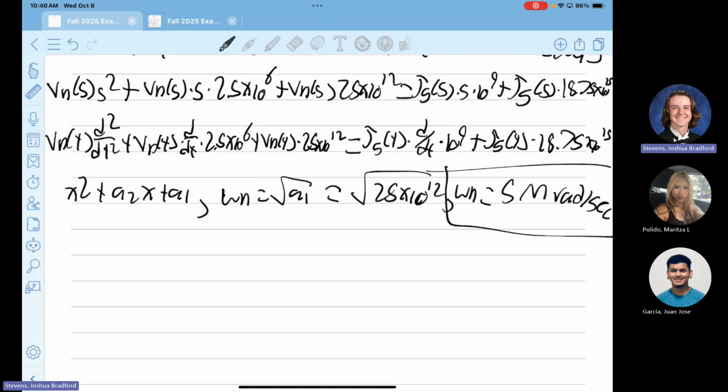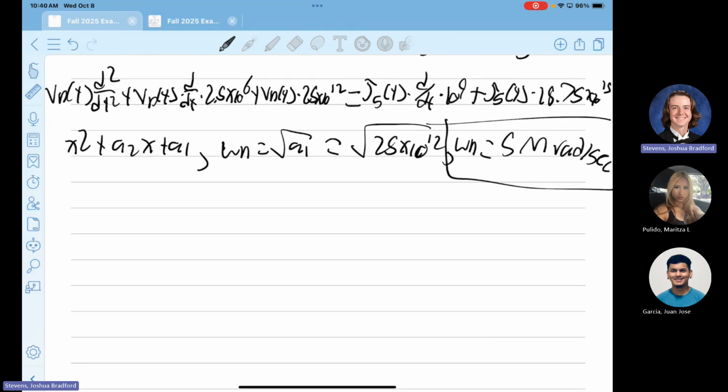What is the damping ratio? Does anybody remember the equation for that? Okay. It's a little bit more complicated. So zeta, by the way, this is all in his materials, or you can just refer to this, is A2 over 2 times the square root of A1. It's that easy. What is this term, though?